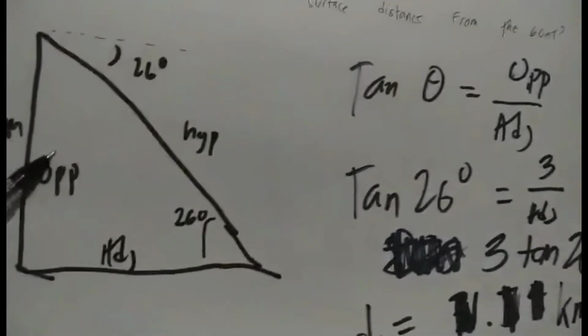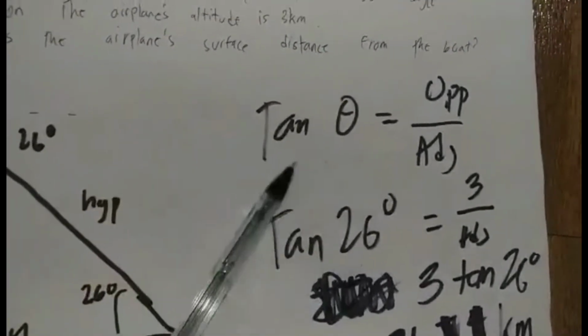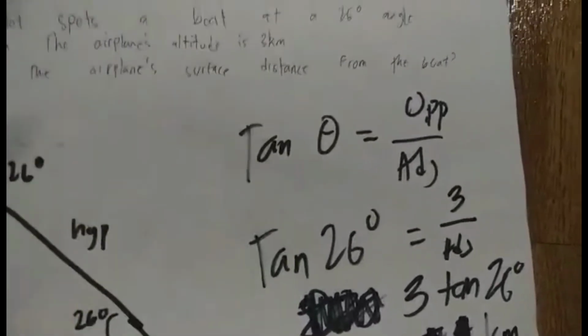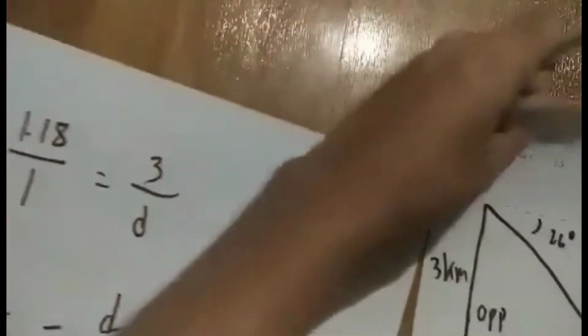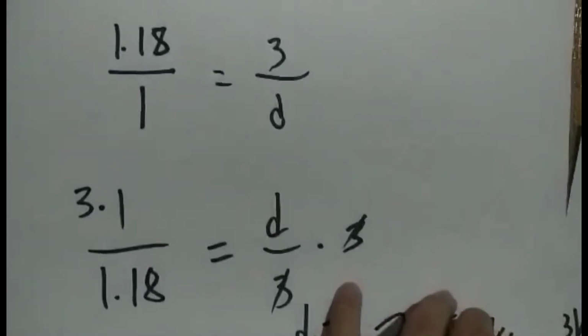This time, the missing side is the adjacent, but we're going to use the same equation, TOA. I'm going to use the TOA, and this is my equation.